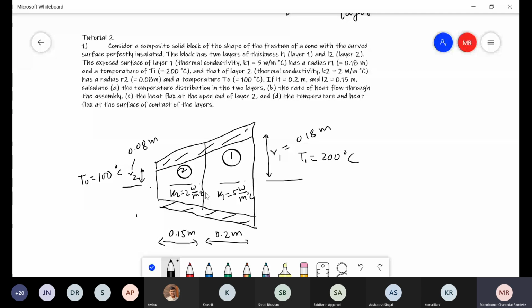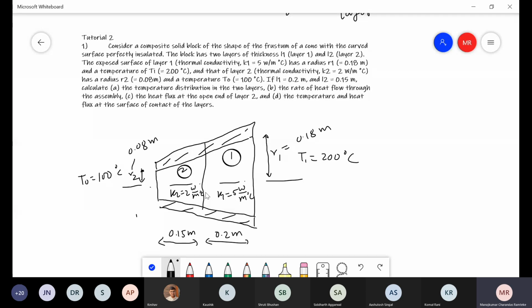Thickness of the conical part 1 is 0.2 meter, whereas the thickness of the second part is 0.15 meter. Now what we wanted to do here is first, part A, we have to find out the temperature distribution in both the layers.